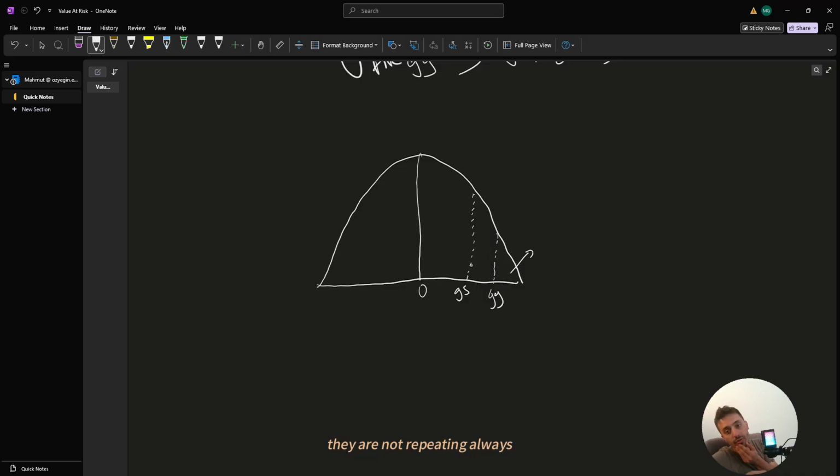They are not repeating always, but this number is always big. If you have 10 value at risk here, you'll have 5 value at risk here. Okay, guys. If you focus on the tail, more deep tail, you'll have bigger value at risk. Okay, guys, this is important.